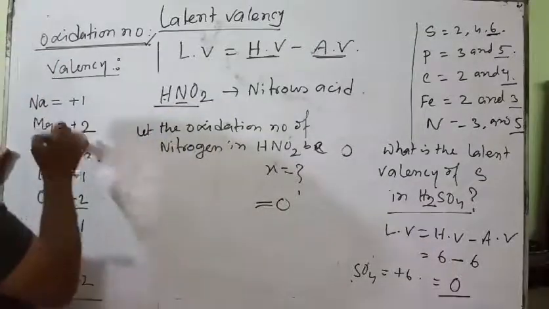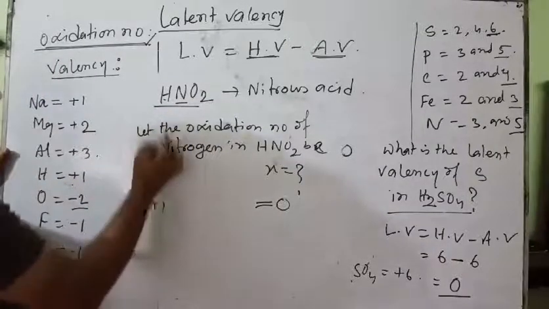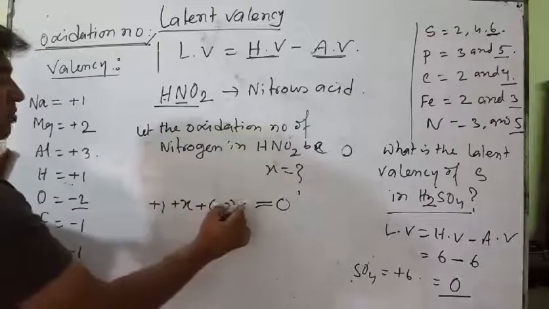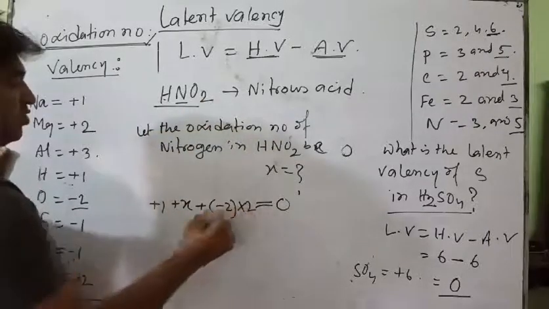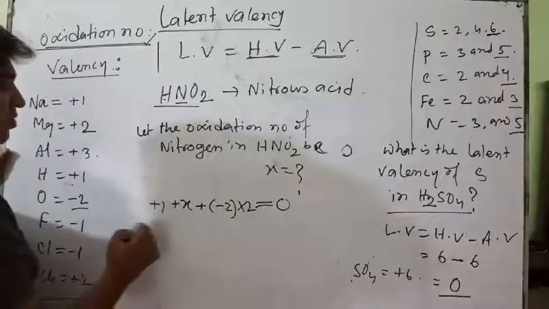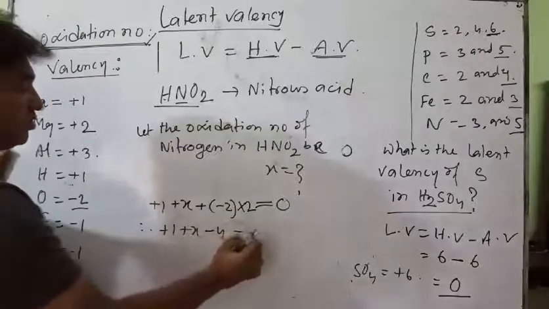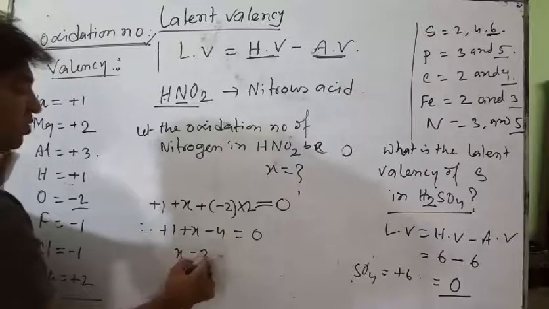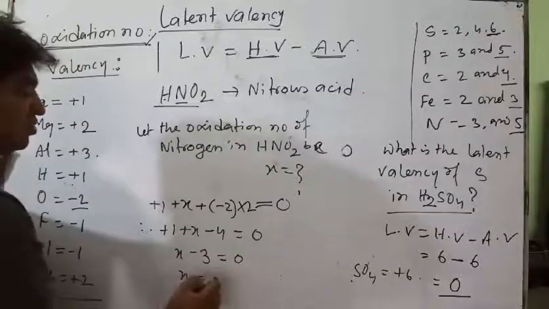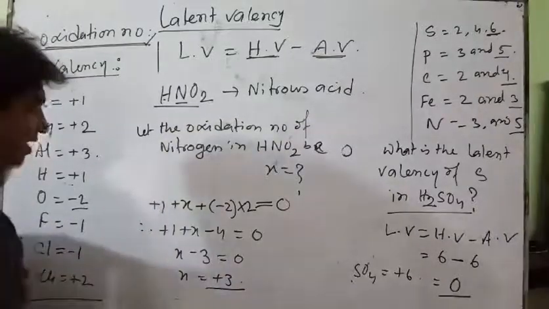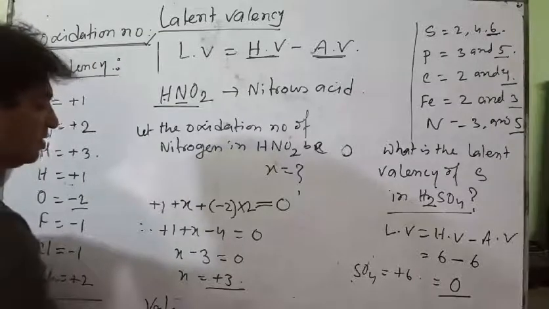Hydrogen is +1, nitrogen is x, and oxygen is -2 multiplied by 2 because there are 2 atoms of oxygen. Therefore +1 plus x minus 4 equals 0, x minus 3 equals 0, x equals +3. So the oxidation number is +3, and valency equals 3.